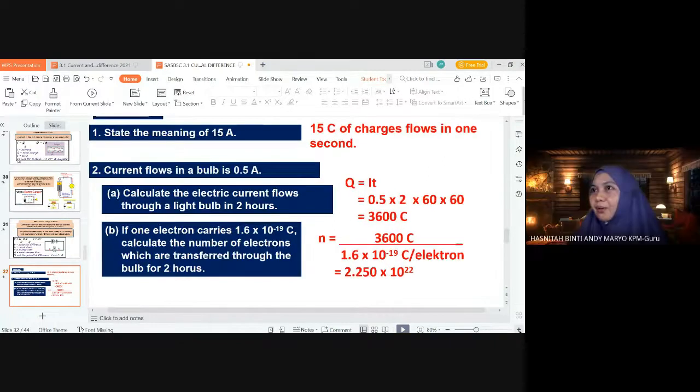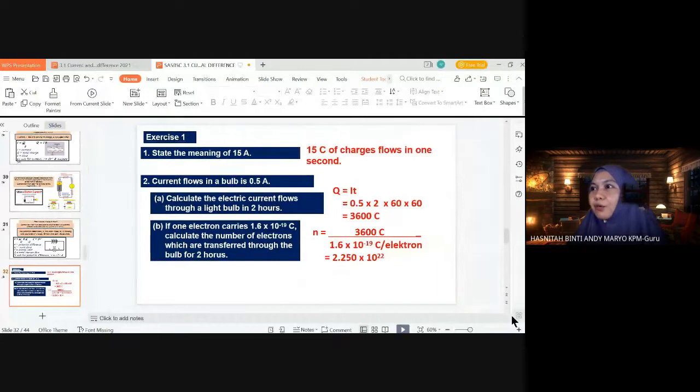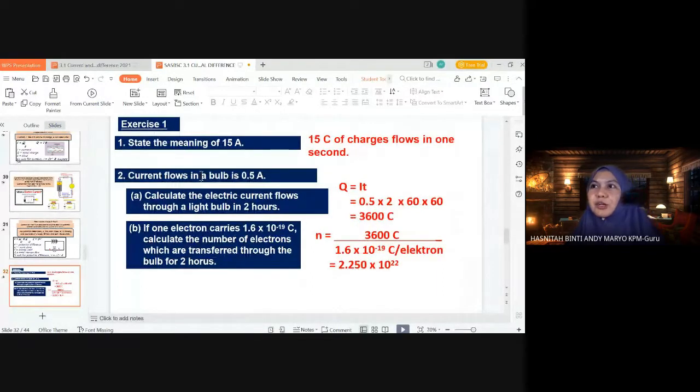Okay, so we go back to this question. For exercise one, the first question asks you to state the meaning of 15 ampere. Current is the rate of flow of charge, so it means how much charge flows in 1 second.